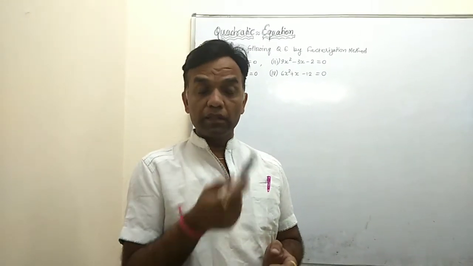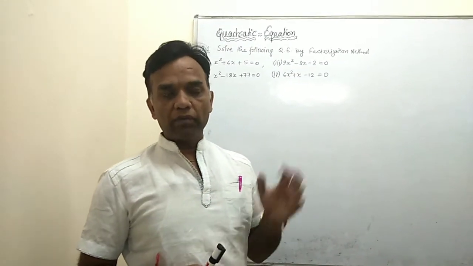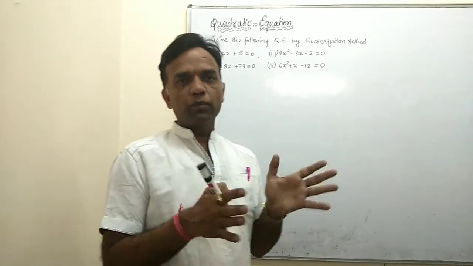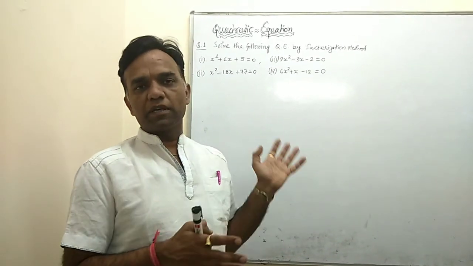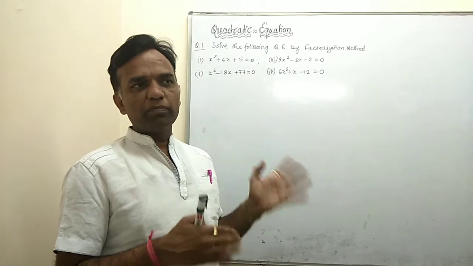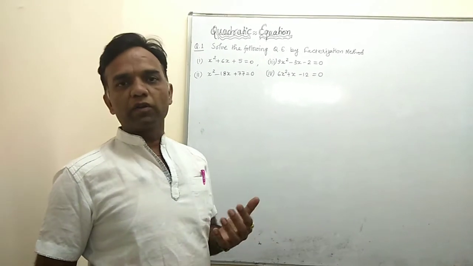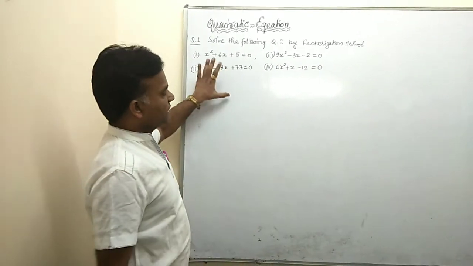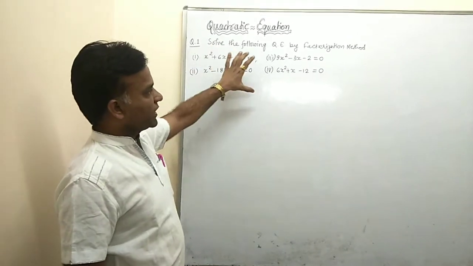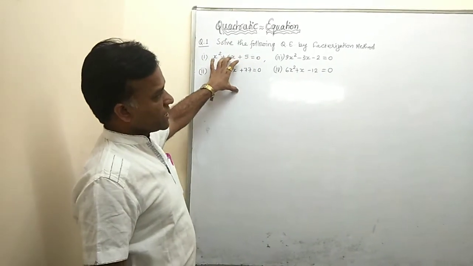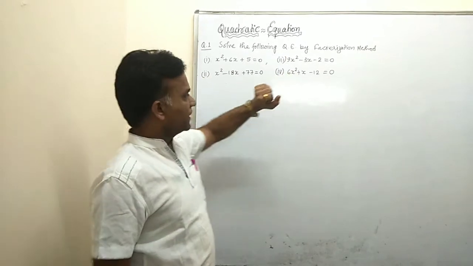But in this video I have examples, and all four varieties of examples we illustrate, and one by one I explain according to the algorithm. Okay, so these are the four questions, and all these quadratic equations are solved by the factorization method.